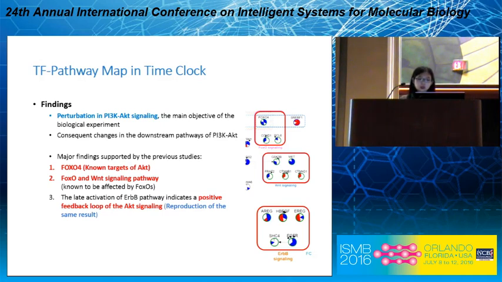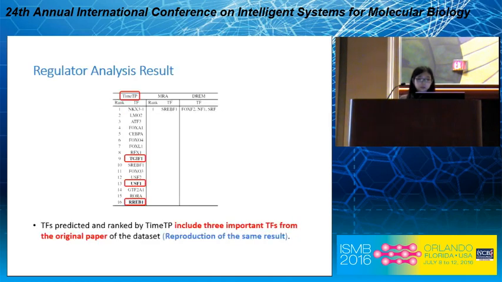And you can see there was a feedback loop in the AKT signaling, which is the reproduction of the same result from the original paper and of the data set. And among those TAPs predicted by TimeTP, there were 3 important TAPs mentioned in the original paper.